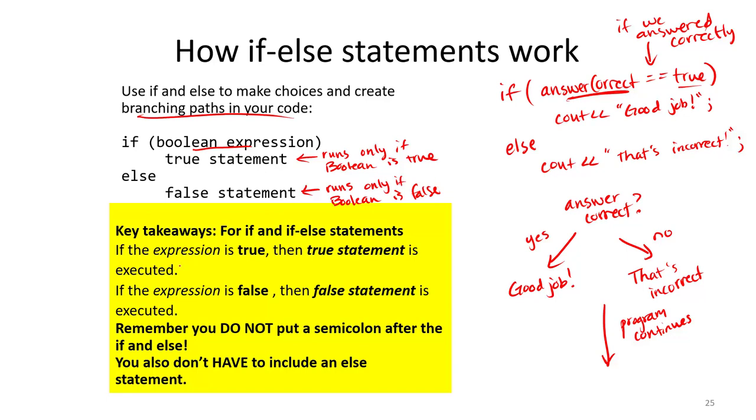So a couple key takeaways. If our expression is true, we run the true statement. If our Boolean expression is false, we run the false statement in our if-else. Remember, we do not put a semicolon right after the if.